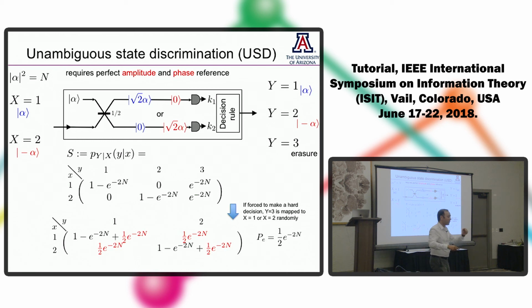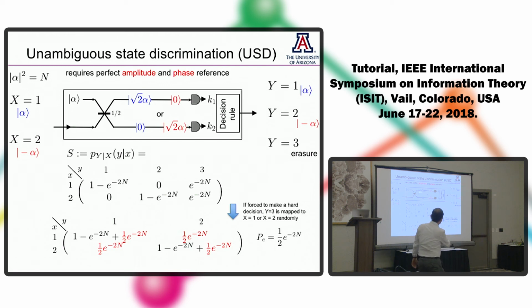So you give yourself the knowledge of alpha here also. Now what happens is that if alpha was sent here, all the photons will come out in this output, and if minus alpha was sent here, all the photons will come out in this output. But since this is a coherent state, you will still have a probability that this K1 or K2 will be 0, in which case you will just not know.